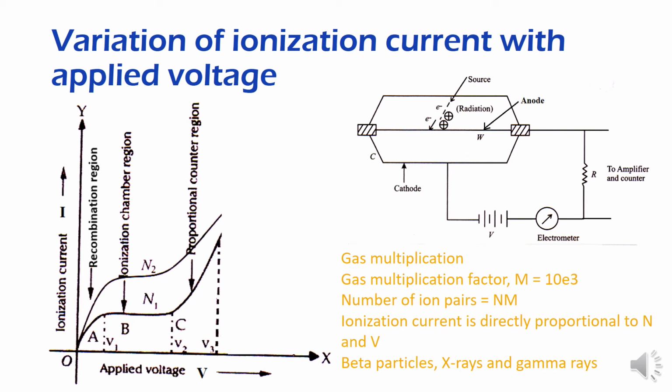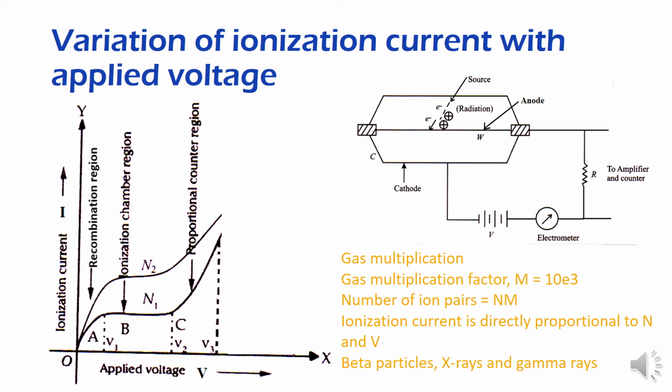Now this is because in the chamber simultaneously both primary ionization and secondary ionization takes place, and you are going to notice a sudden increase in the current. Look at the graph. After voltage V1, the ionization current is increasing sharply, suddenly, to a very high value.